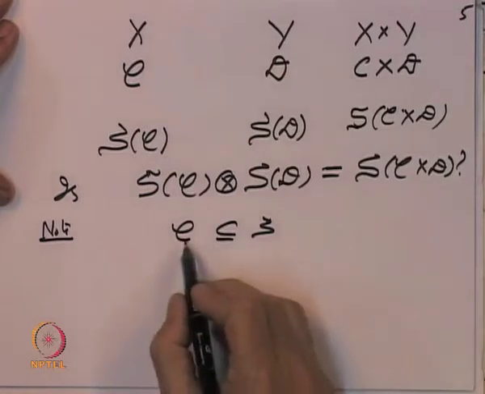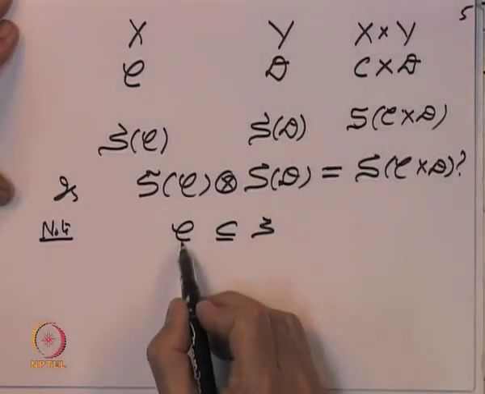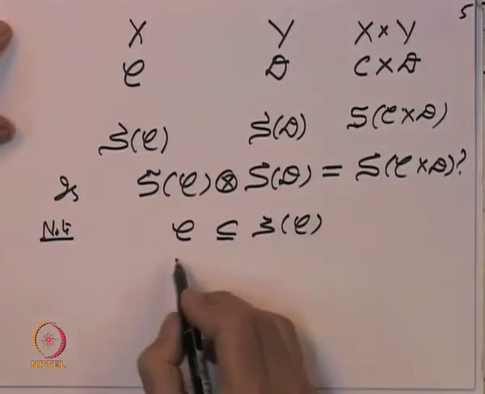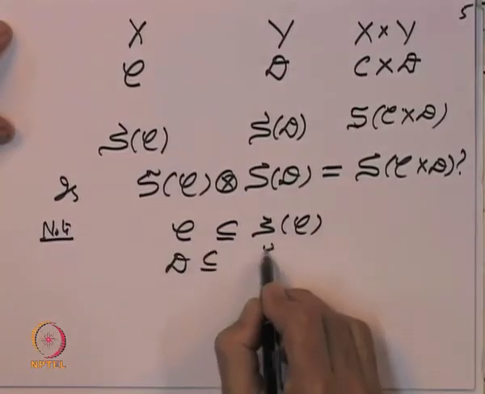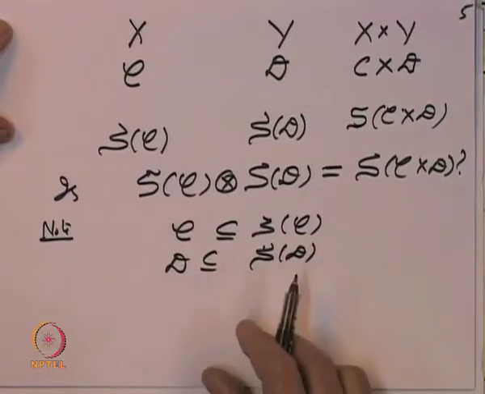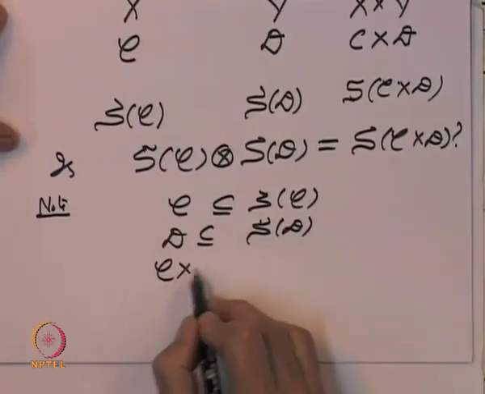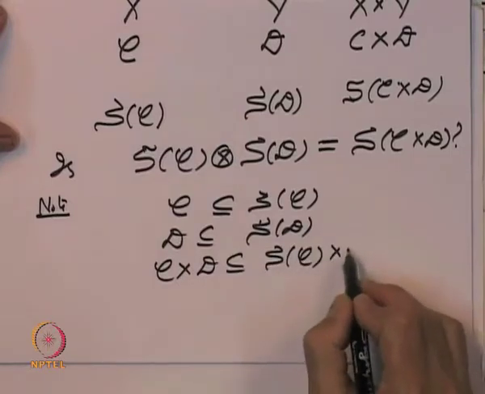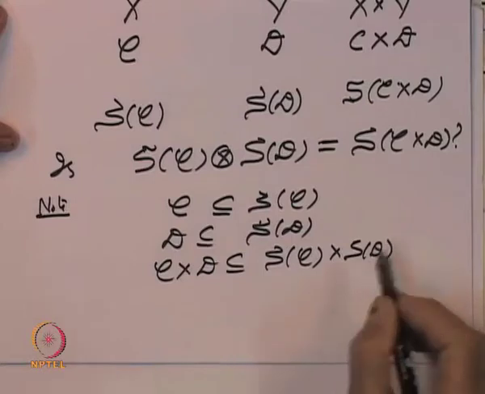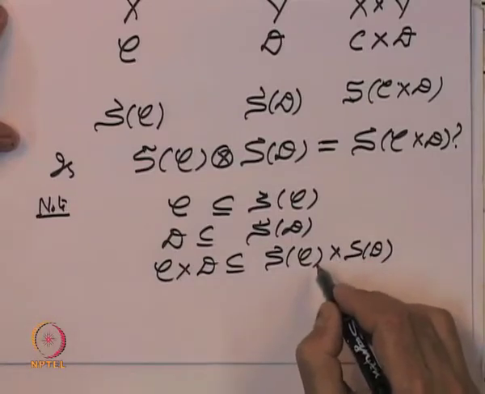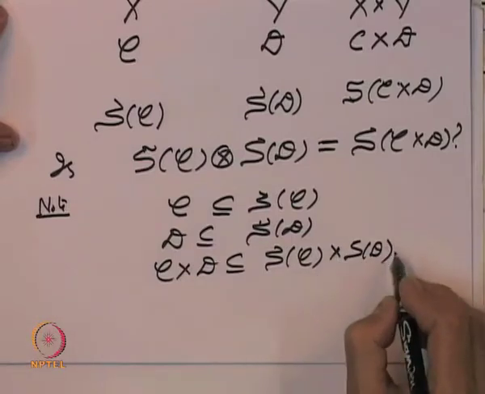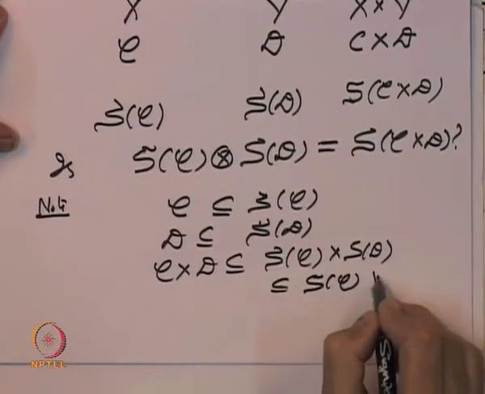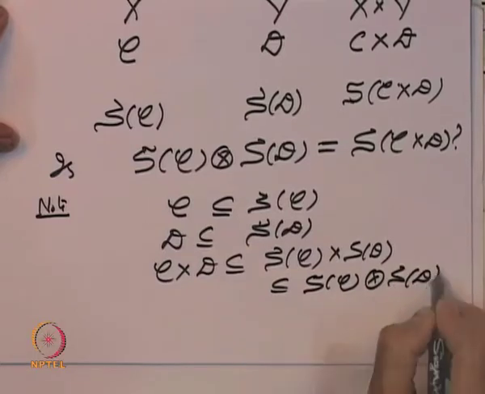First observe that C is a subset of S of C and D is contained in S of D. So, C cross D is going to be a subset of S of C cross S of D, and we can generate the sigma algebra by these rectangles. So, that will be a subset of S of C times S of D.